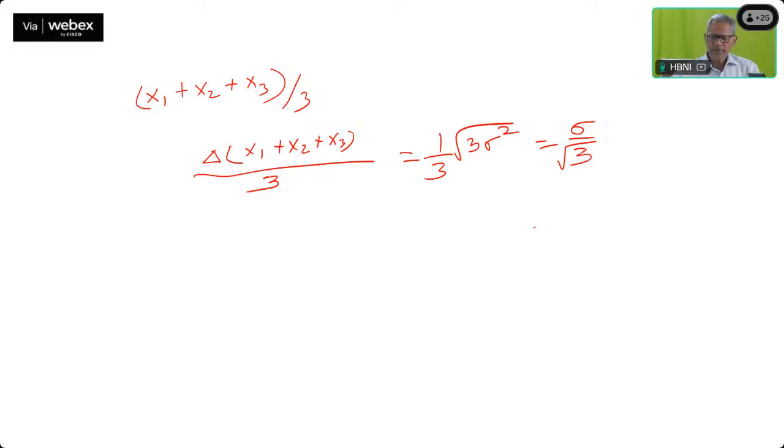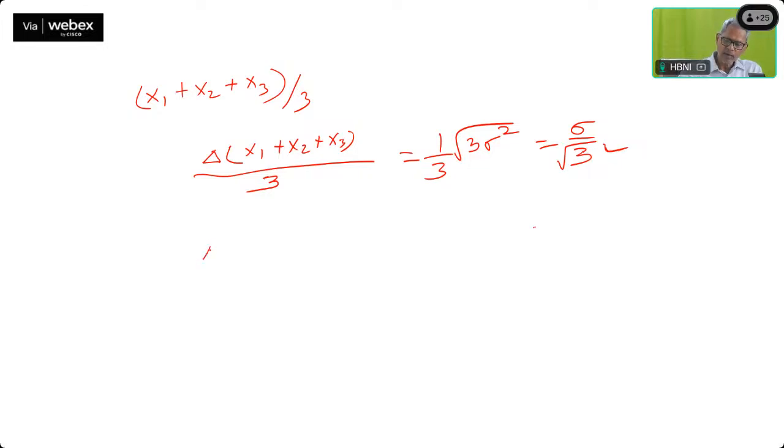So as the number of measurements is increasing, your uncertainty or standard deviation is decreasing.